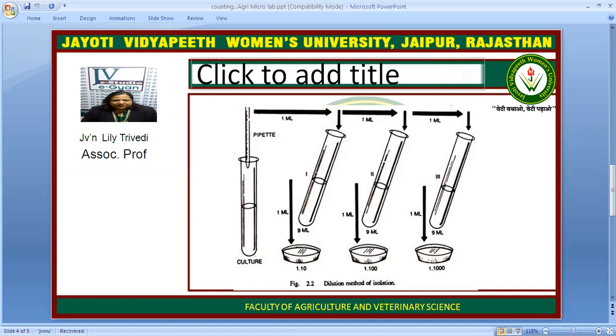We incubate these at room temperature. For bacteria, we keep them at a higher temperature, and in 3 to 4 days colonies develop. But for actinomyces, it takes about 2 weeks.